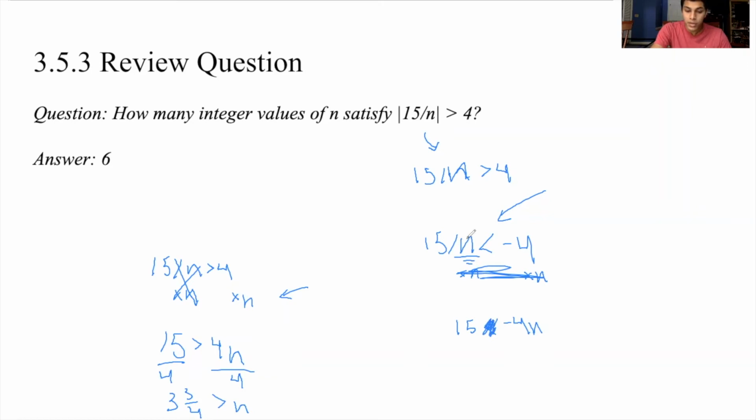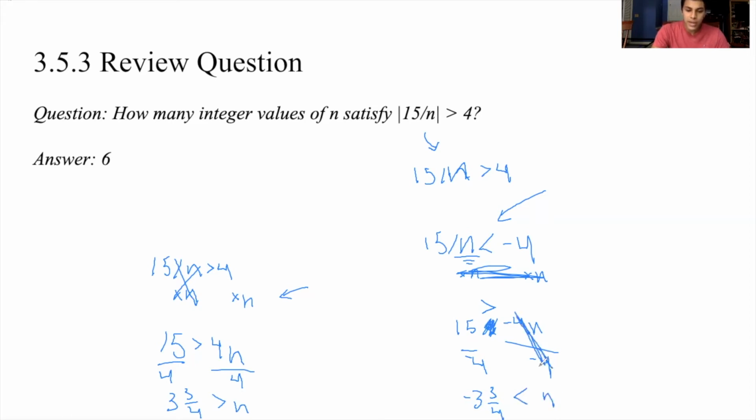Even though we don't know what n is, we know that it has to be negative, which is why we flip the sign again to get 15 is greater than -4n. All right, so now that we have that, 15 is greater than -4n, we have to divide both sides by -4 to get rid of this -4 multiplied by n. So if I do that, and yes, we have to flip the sign again, then we get -3 3/4 is less than n, because the -4's cancel out.